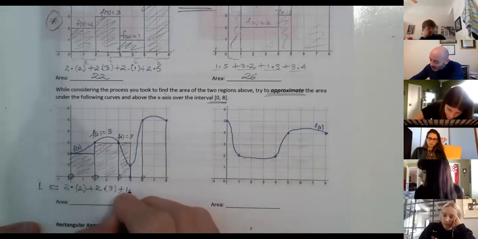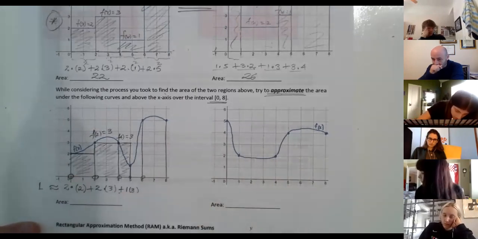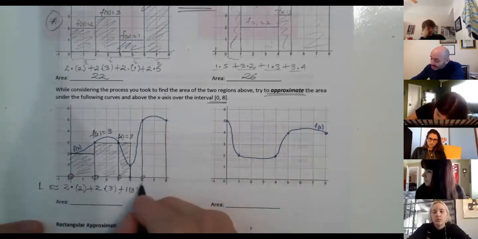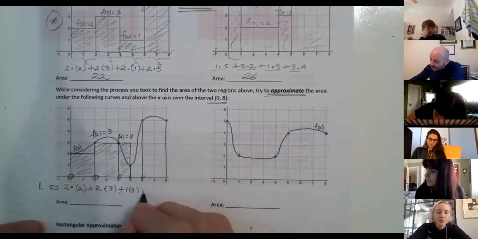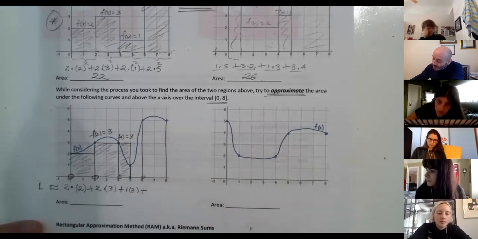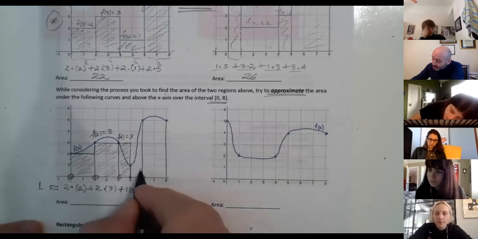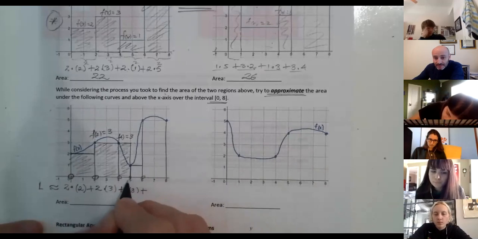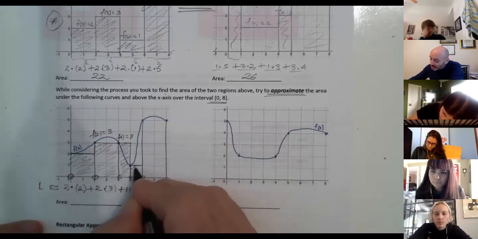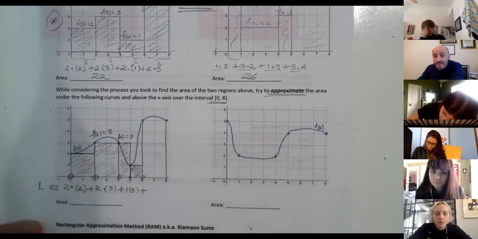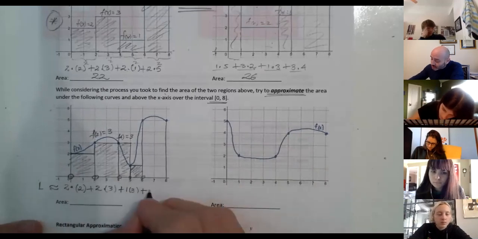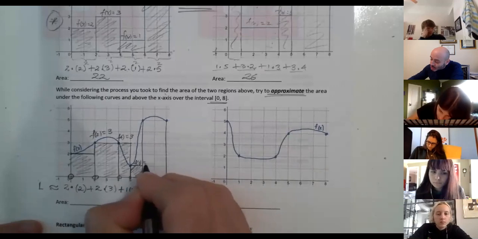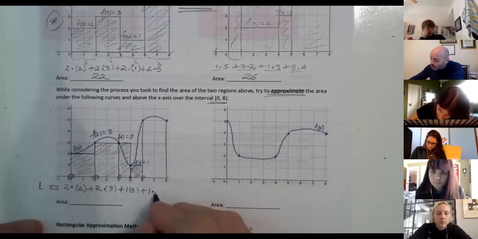So it's going to be 1 times 3. Okay. For the following rectangle, the left endpoint is 5, so my height is determined by 5. Is this rectangle. So the area of that rectangle is going to be 1 times f of 5, which is 1. So it's 1 times 1.